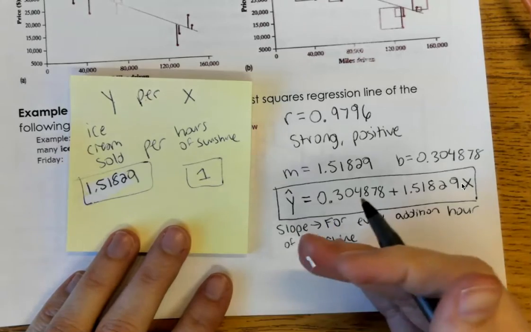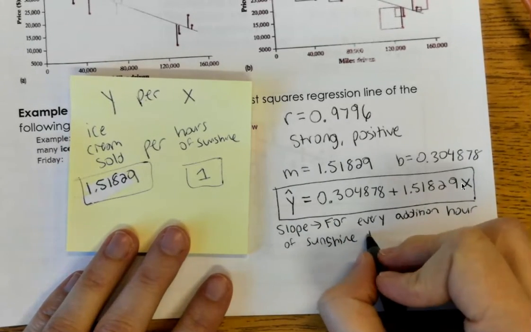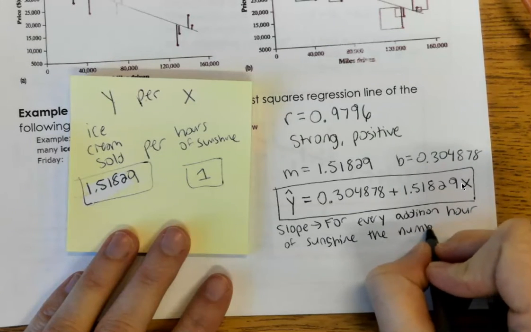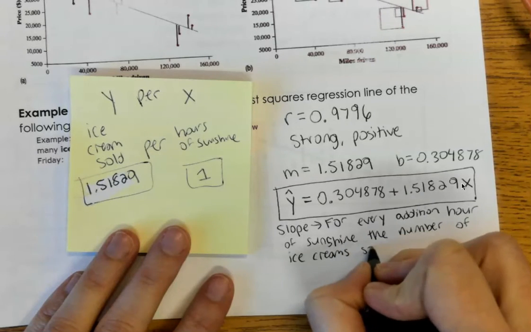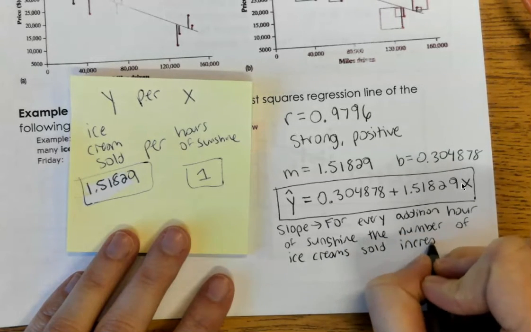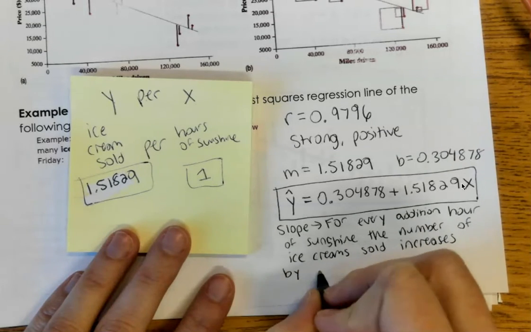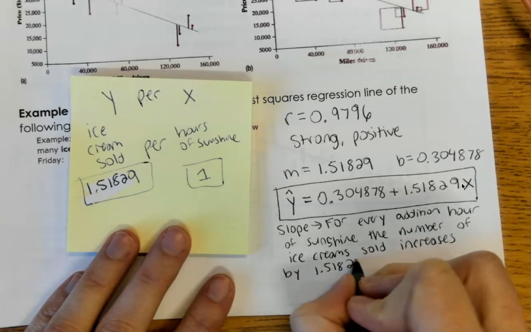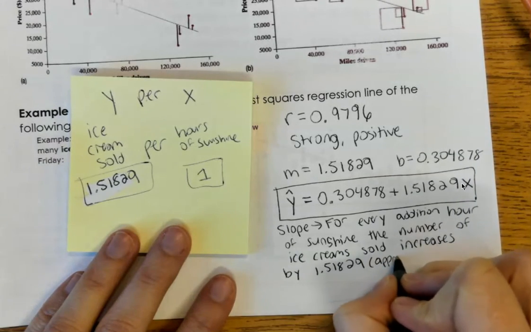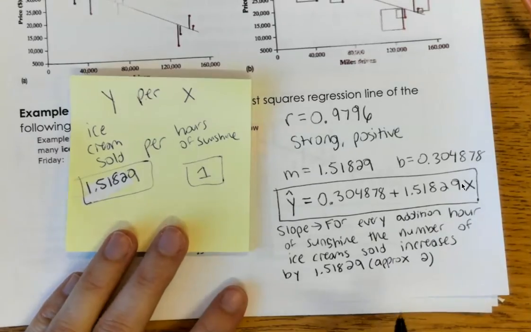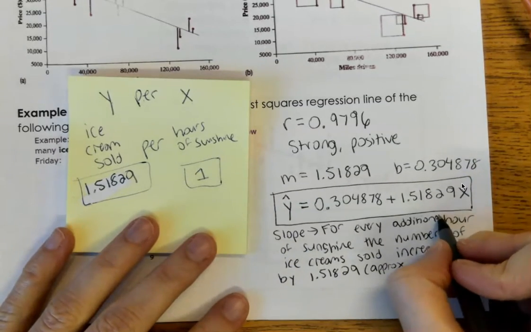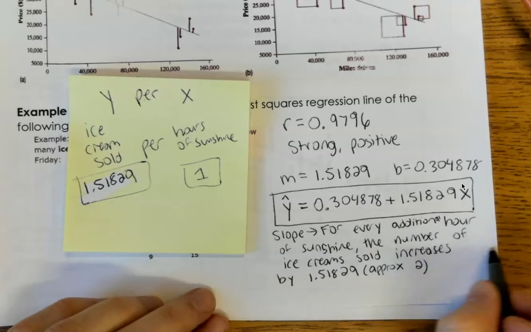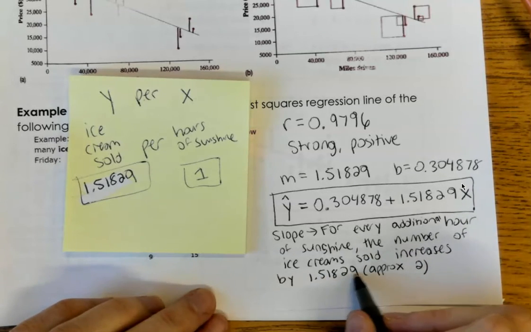For every additional 1 hour of sunshine, the number of ice cream sold increases by 1.51829. I'll say approximately 2 to round it to the nearest ice cream. Alright, so that's my interpretation of my slope. For every additional hour of sunshine, the number of ice cream sold increases by 1.51829, because that's my slope.